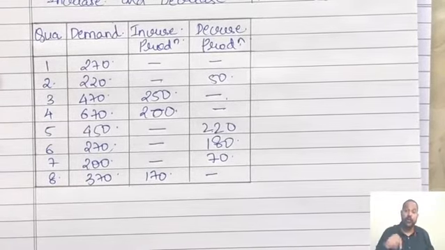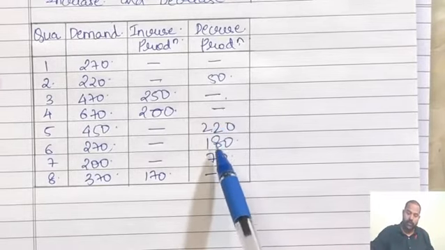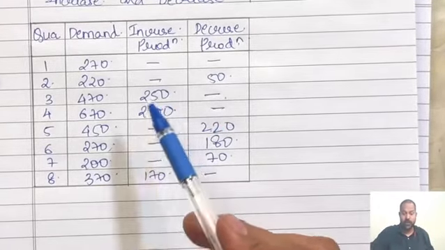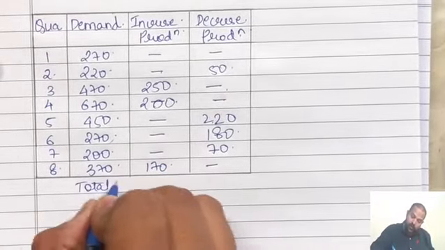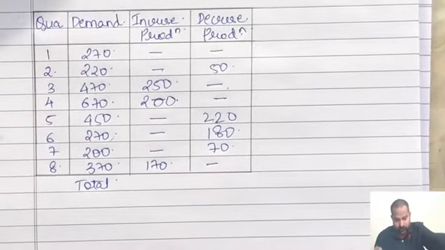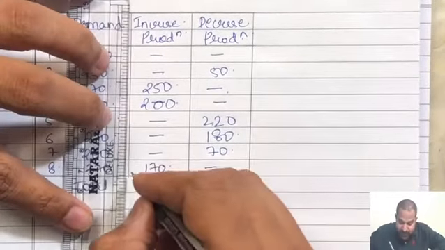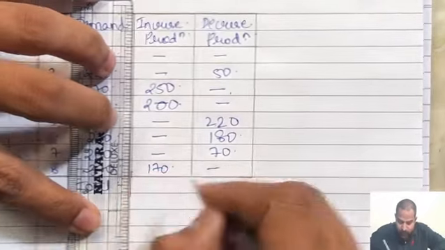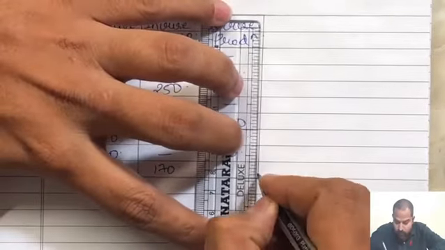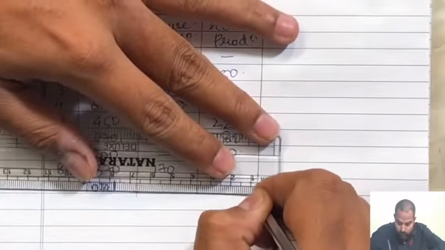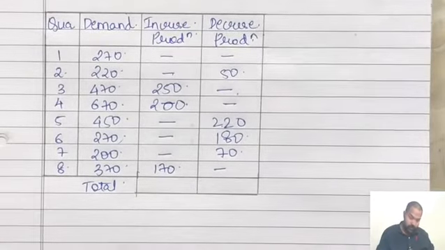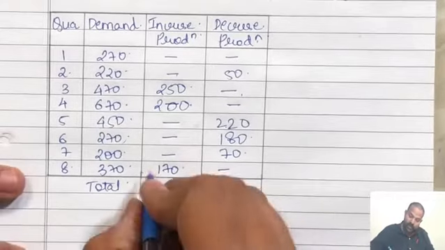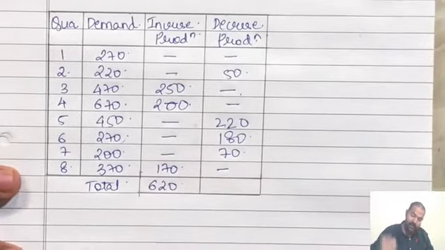So, I had to decrease production 4 times and increase production 3 times. Let me take a total. The total increase in production is 250 plus 200 plus 170, a total increase of 620 units.